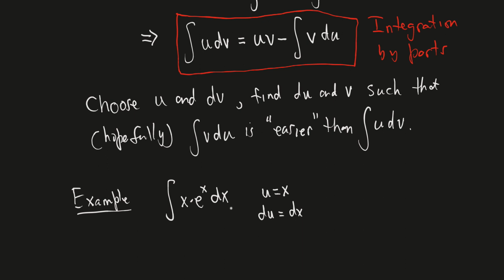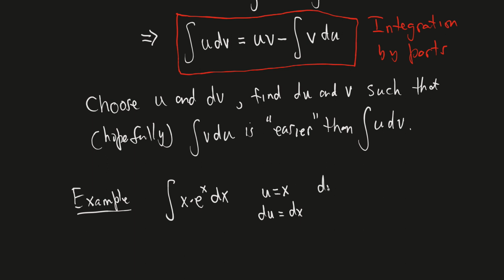So I've made a choice for u, and I'm choosing to use x as my u, because knowing that when I differentiate the x, it becomes simpler, so simple that it disappears. Poof, it's gone. Well, if I choose u to be this, then it means everything else here would have to be dv.